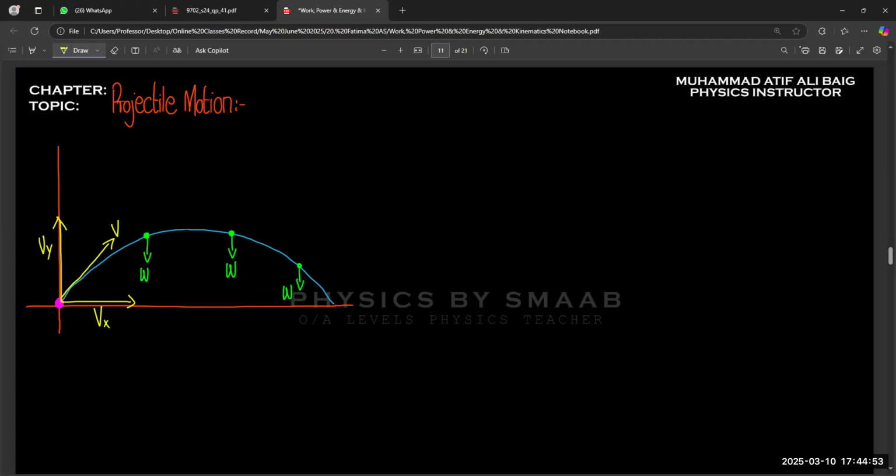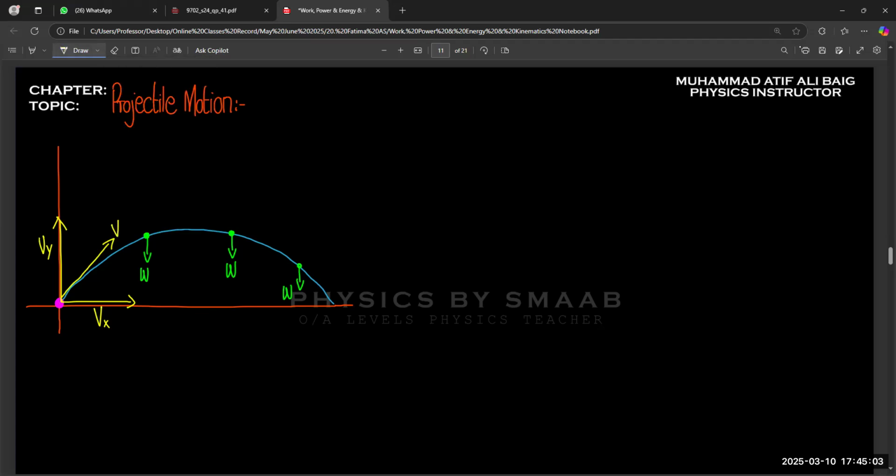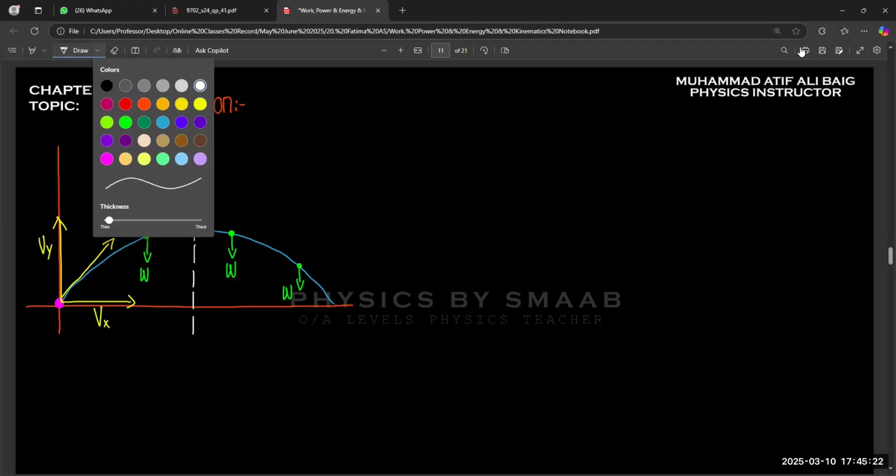So in the projectile motion, we also need to make the components of the velocities or the components of the vector given in the diagram. And if we divide this whole motion into halves, one half represents the upward motion and the other half represents the downward motion, right? So before writing all the equations, first let's write down the assumptions.